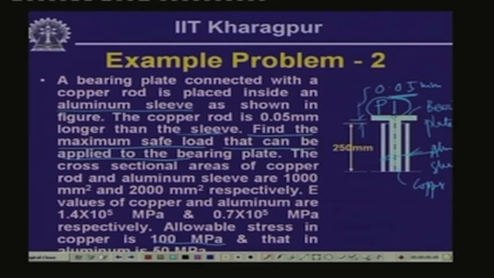Now, let us look into the free body diagram of this particular system. If we cut off the sleeve at some distance from the top, this is the bearing plate, the copper rod is attached with this, and this is acted on by load P. Now, when the rod gets compressed and covers the distance of 0.05 millimeter, eventually it will touch the sleeve.